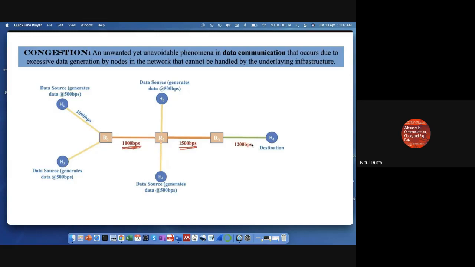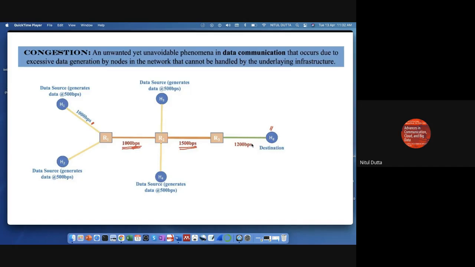And there are four different sources of data, H1, H2, H3, and H4. All of them are connected with 1000 bits per second links. Apart from that, R3 is connected to the destination. We are assuming there is only a single destination to whom all the sources are transmitting data.